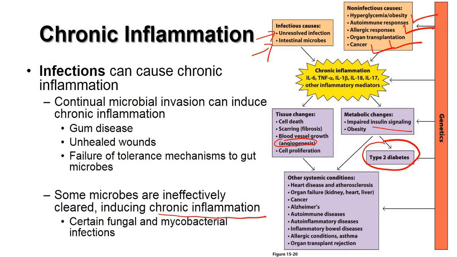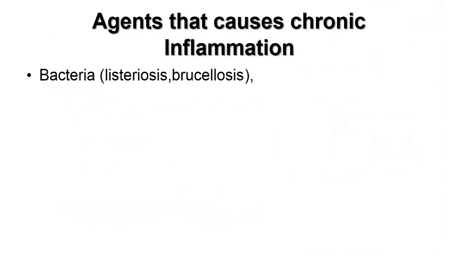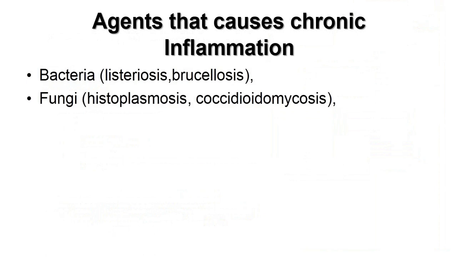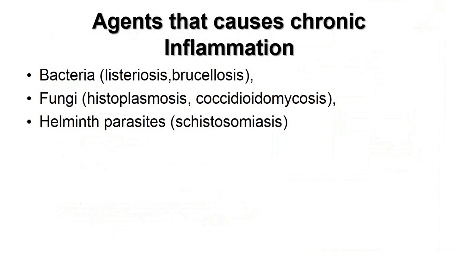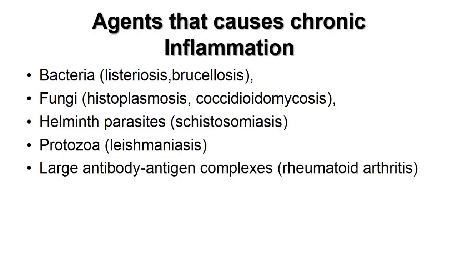There can also be fungal and mycobacterial infection leading to chronic inflammation. So some of the pathogens which cause chronic inflammation: bacteria, fungi, histoplasmosis, coccidioidomycosis, helminths, protozoans, and large antigen-antibody complexes which cause rheumatoid arthritis.